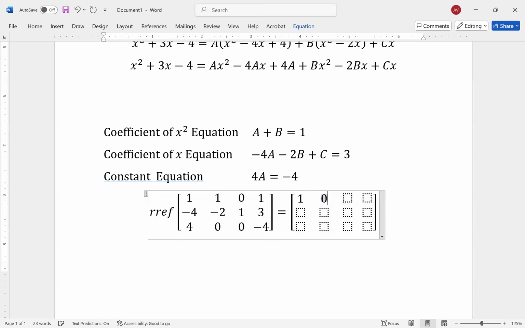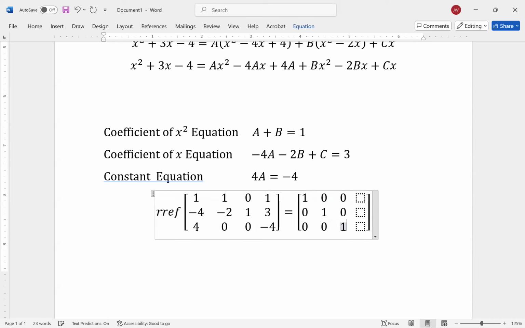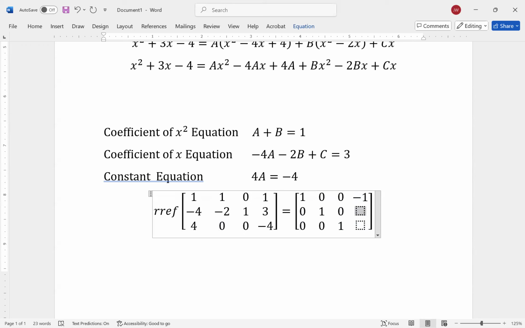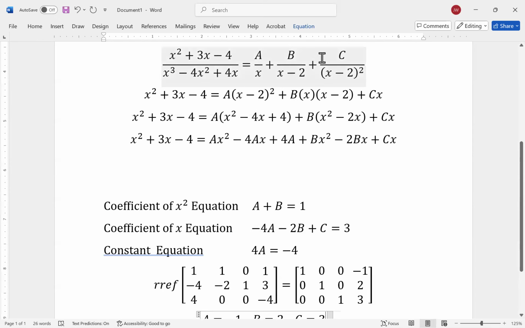If you did do RREF of that matrix, the first 3 by 3 piece would give you zeros and then ones on the diagonal, and then you would get -1, 2, and 3 as your last column. So we're saying A is -1, B is 2, and C is 3. So a long process in order to get the A, B, and C correct.